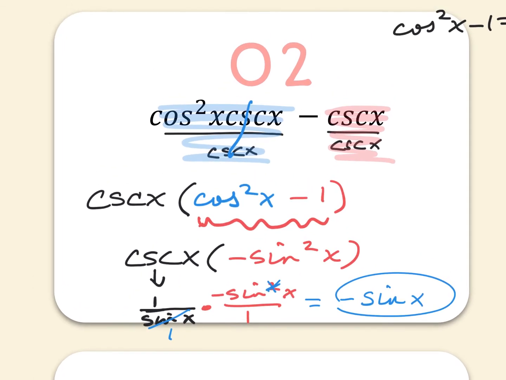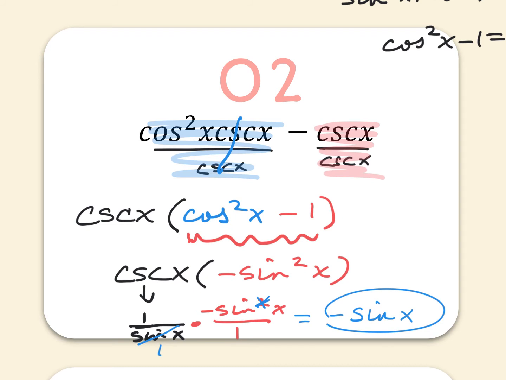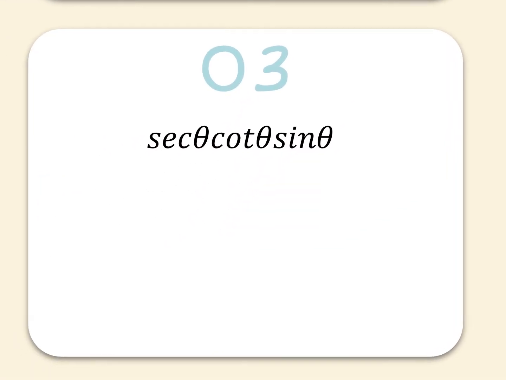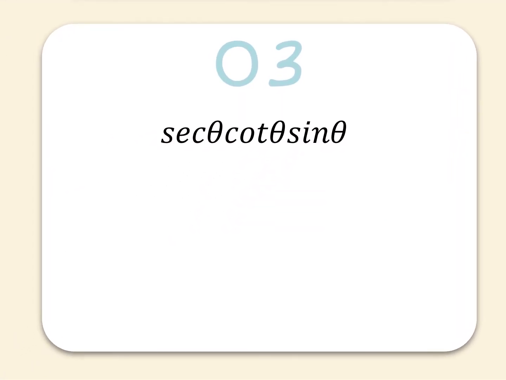So notice here, I used a Pythagorean identity, I used a reciprocal identity, and then I divided and simplified diagonally. Okay, so these are all being multiplied. So what I can do here is, my goal is to get this to simplify down.